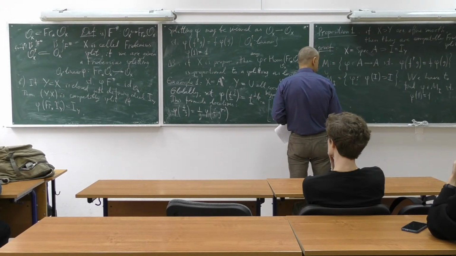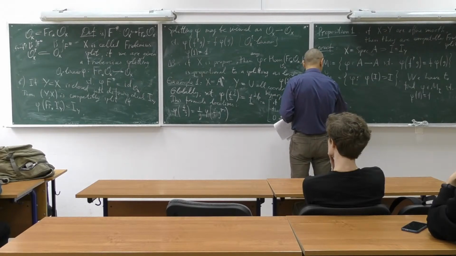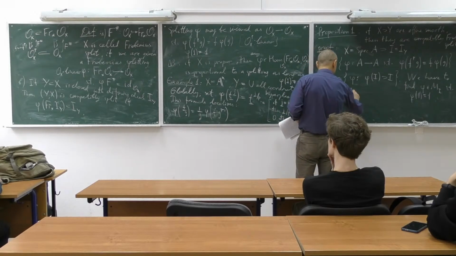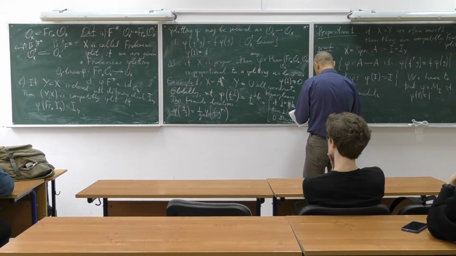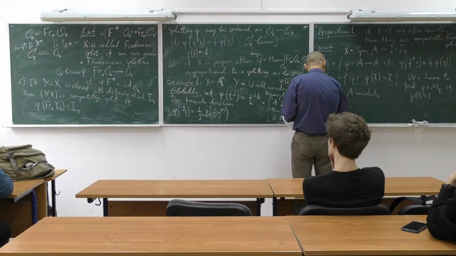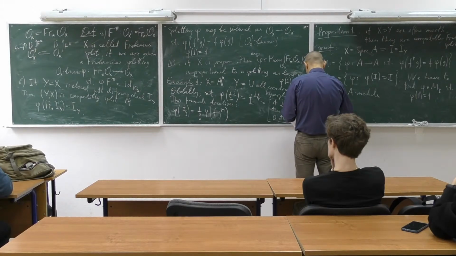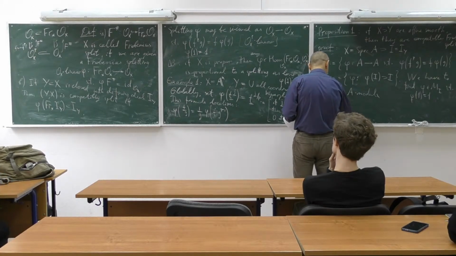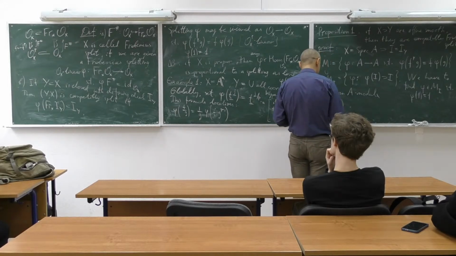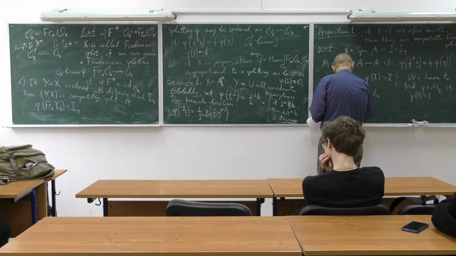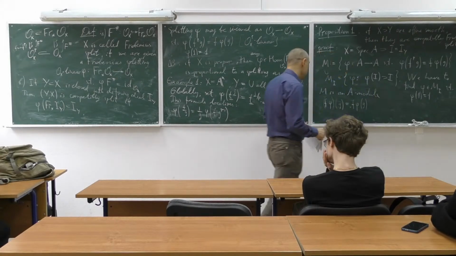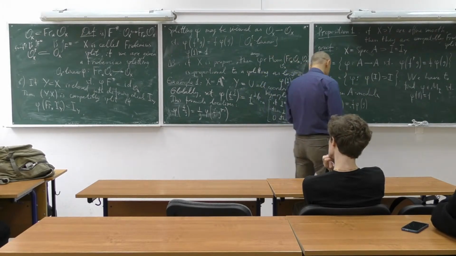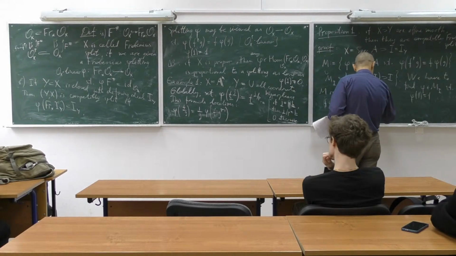Now M is an A-module by the formula: F applied to phi acts on G just by F times phi acting on G. And M_Y is a submodule.